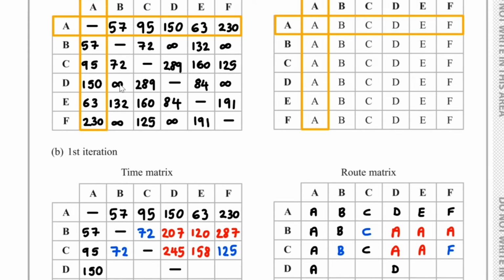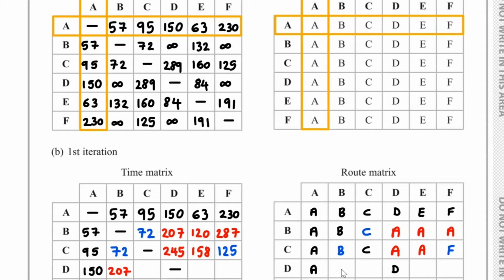Now we compare infinity with 150 plus 57. 150 plus 57 is smaller than infinity, so the element here will change. 150 plus 57, that's 207.